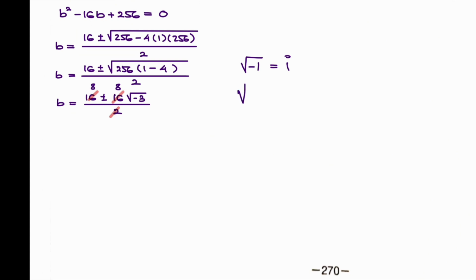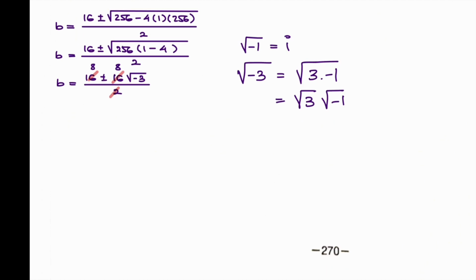So if I have the square root of negative 3, I can write it as the square root of 3 times negative 1, which is the square root of 3 times the square root of negative 1. That means I have square root of 3 i. So the solution for b is equal to 8 plus minus 8 square root of 3 i.